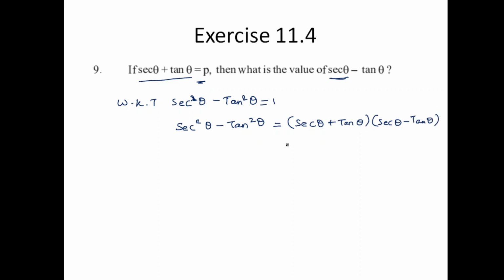So this value is given as A here into secant theta minus tan theta. Okay, so overall, this is equivalent to 1 only. So if it is equivalent to 1, what is the value of secant theta minus tan theta? I'm shifting this alphabet to the other side, so you are having 1 by A as your required answer.